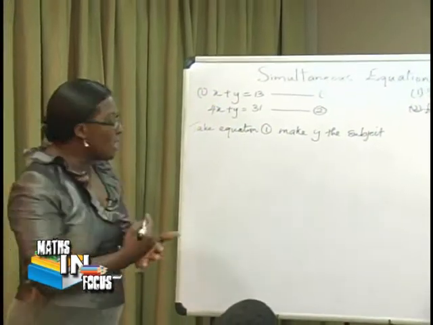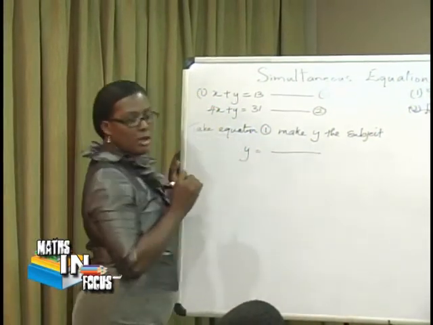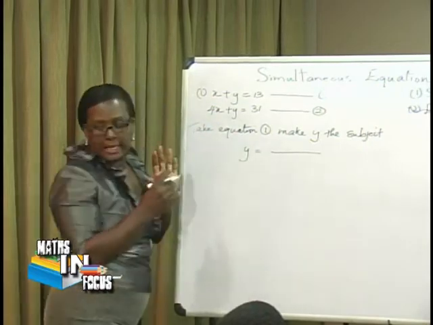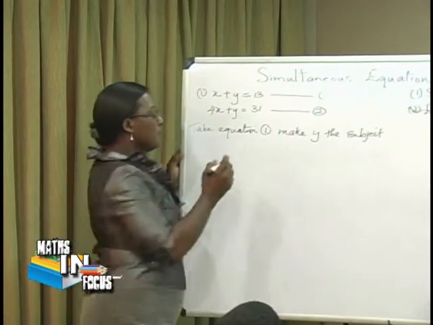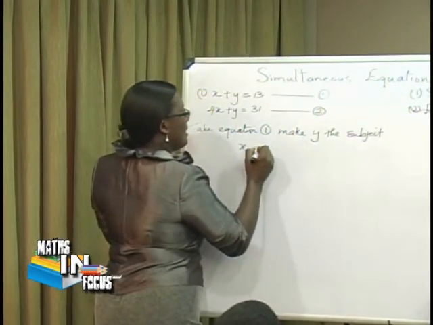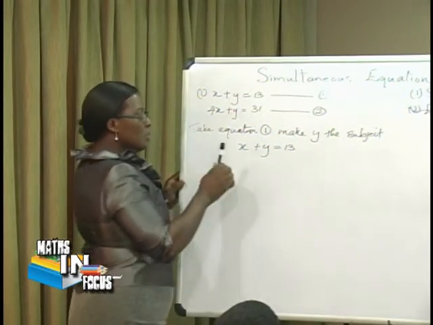Now when we say make y the subject, it means that when we're done, we must have y is equal to something over there. Y alone must be on one side. So we write back equation 1: x plus y is equal to 13. We need to get rid of the x.